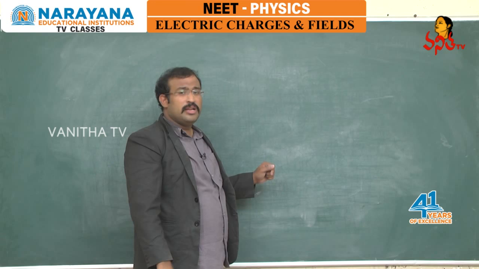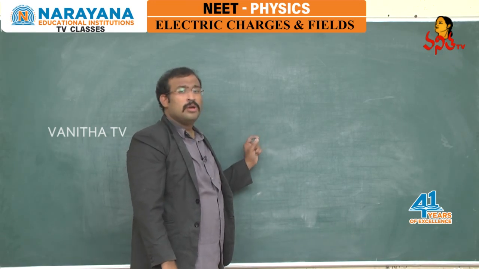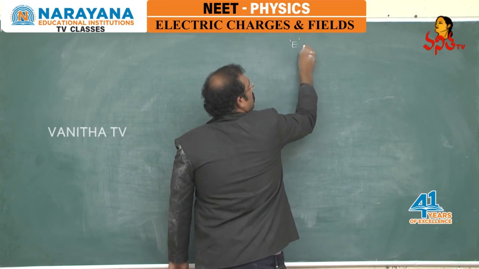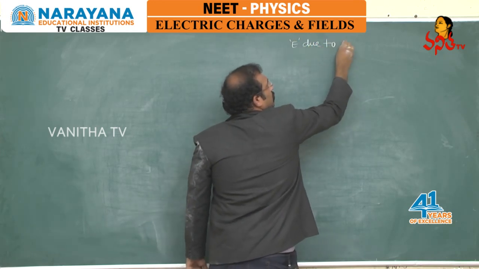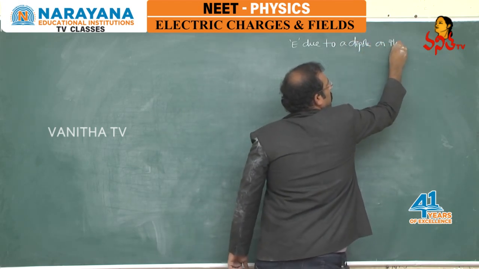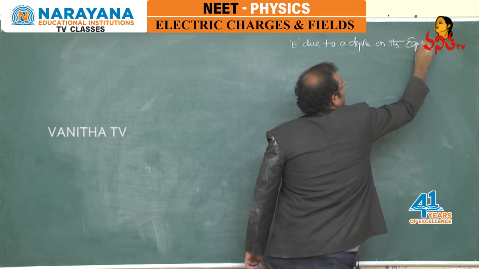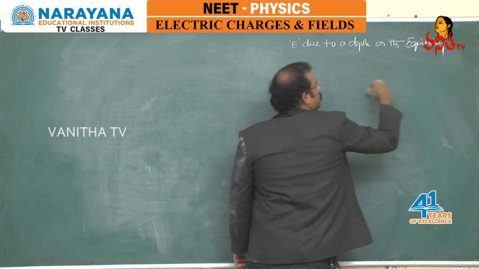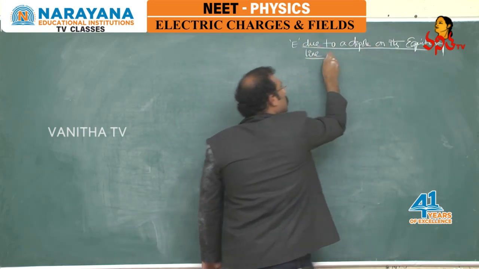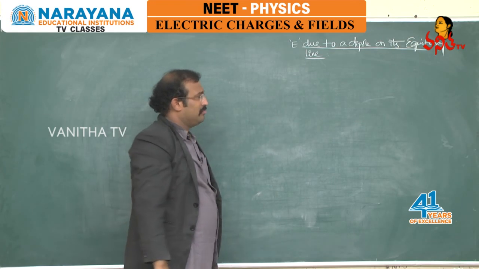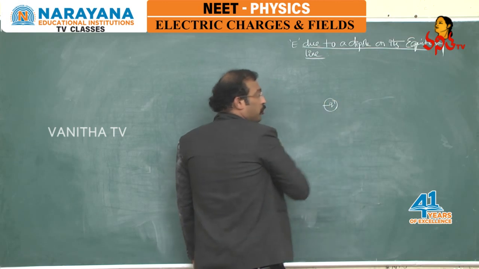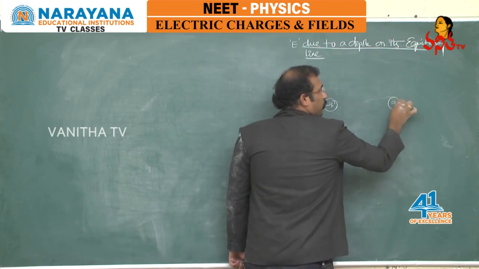Now, electric field due to a dipole on its equatorial line. What is this equatorial line? Let us see, draw a dipole. So this is minus q, one positive charge and one negative charge.